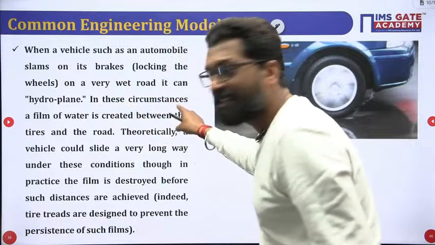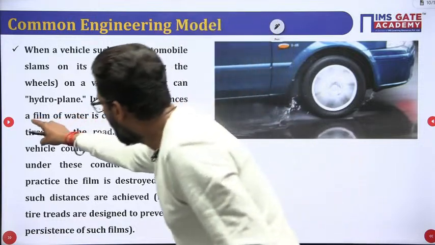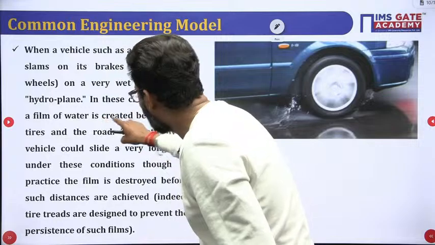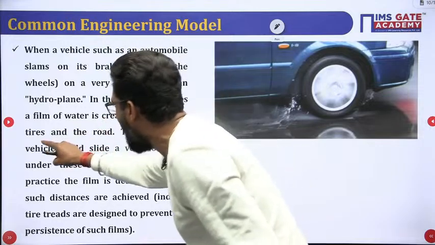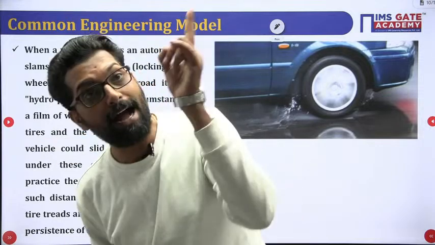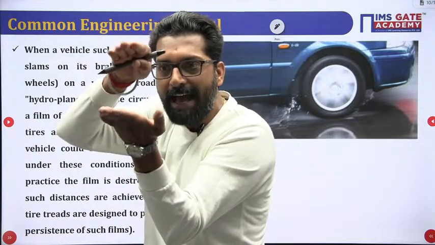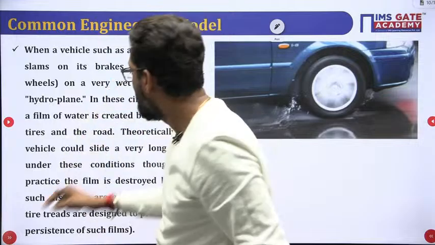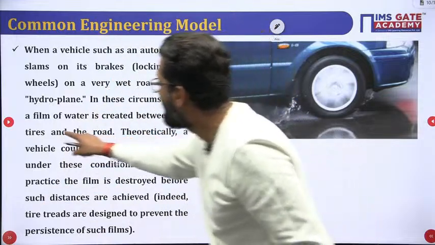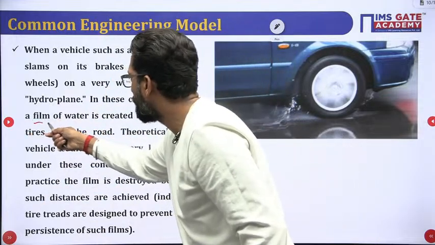In these circumstances, a film of water is created between the tire and the road due to hydroplaning. That means there is a road and there is a tire, and between them a thin film of water is created.